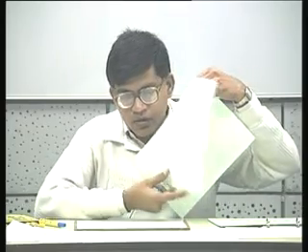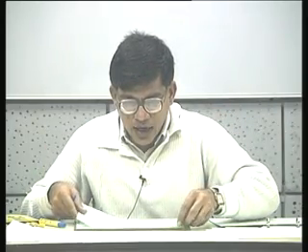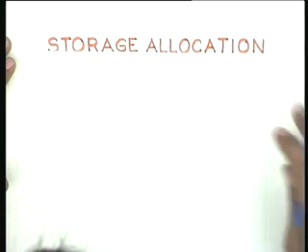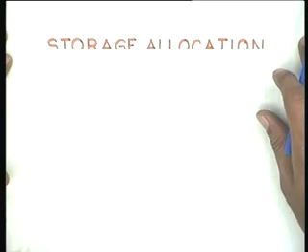So if you look at the pragmatics of array allocation, what you would find is that firstly these arrays, especially in a language like Pascal, their bounds are known at translation time. Okay. So, which means that the type of the component is also known at compile time, which means that you can give an accurate calculation of the space that is needed to store the entire array.